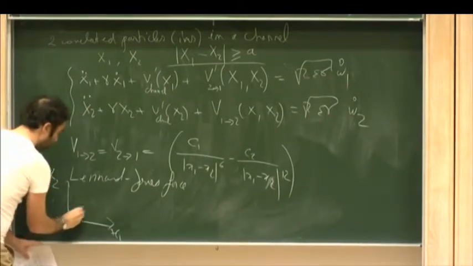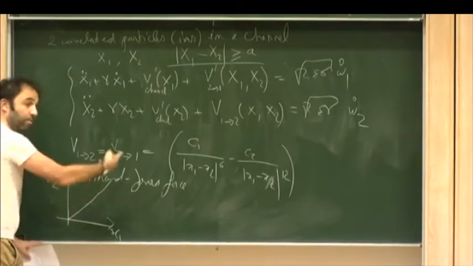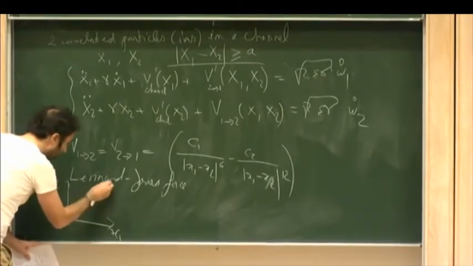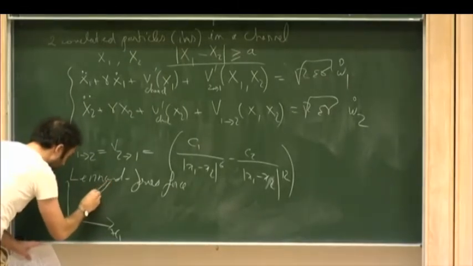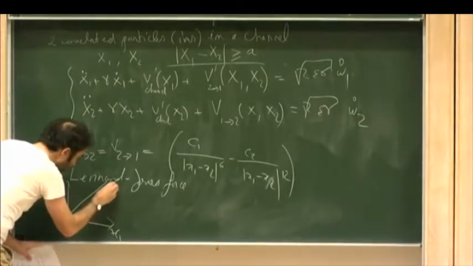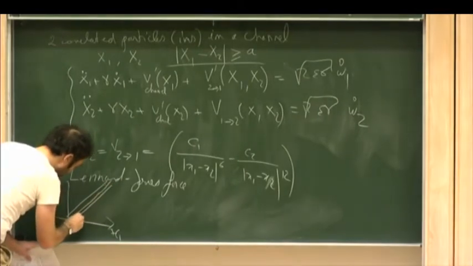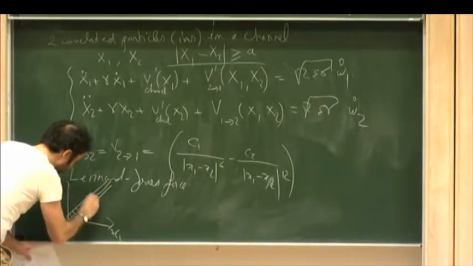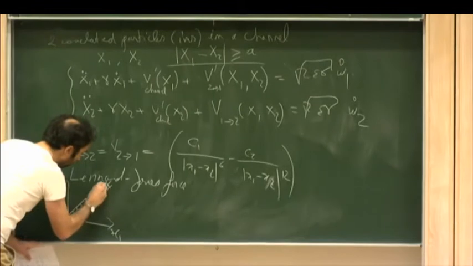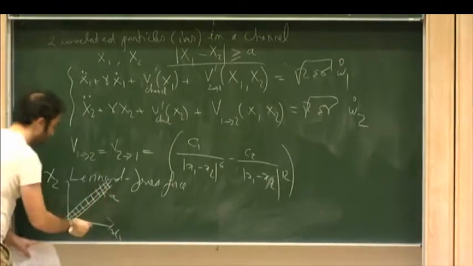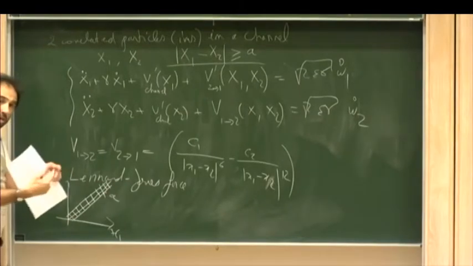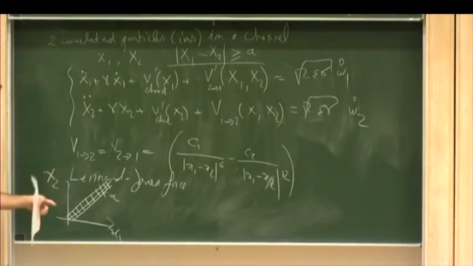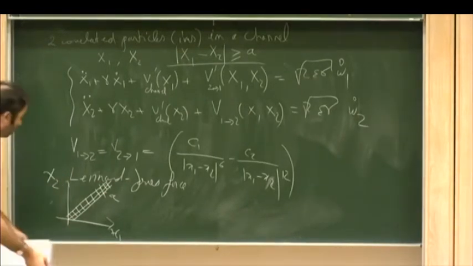And this is x1 equals x2, when they are on the diagonal. Now they want to be outside this region, so we have to have a band of size a, such that the particles cannot penetrate this band in this abstract space, otherwise they are too close.